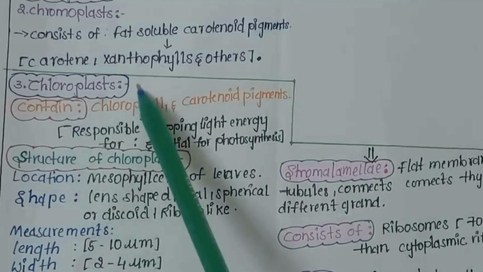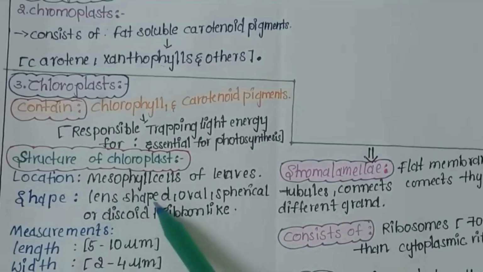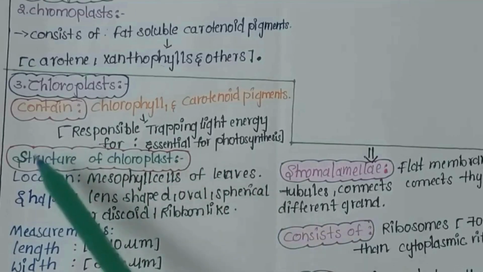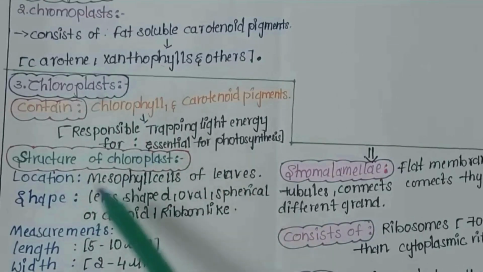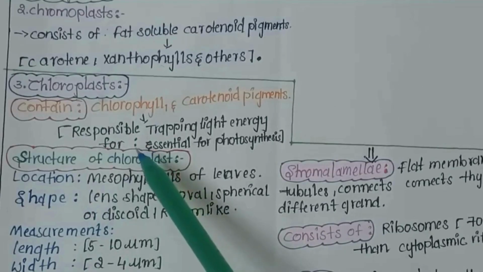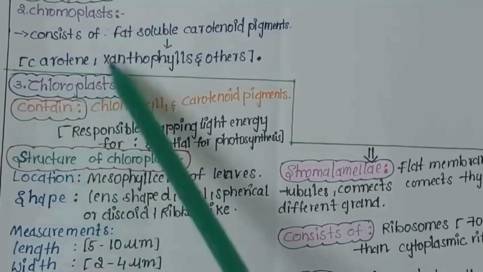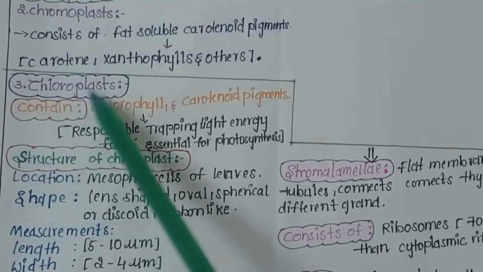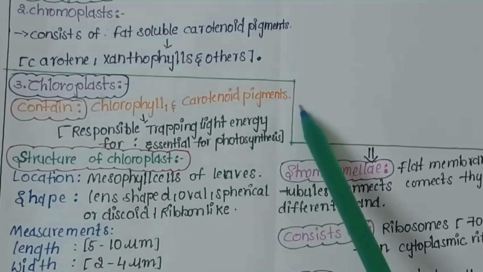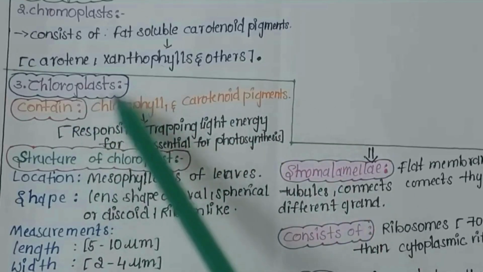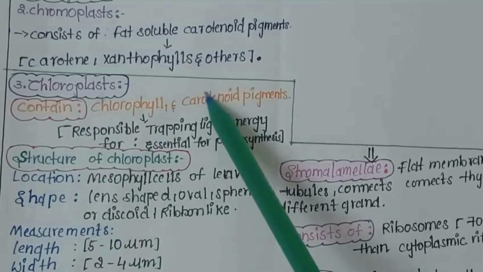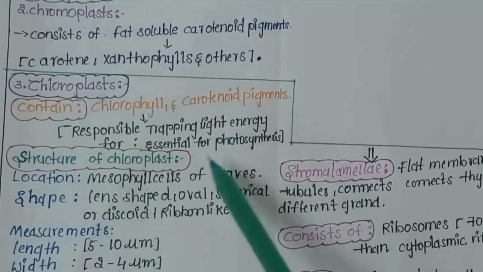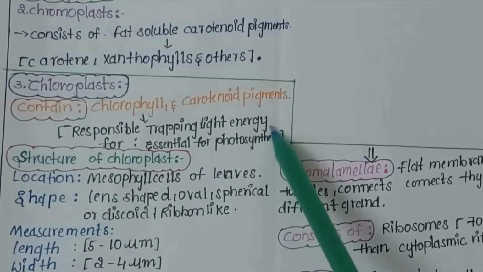Coming to the chloroplast, these are lens-shaped, oval, spherical or ribbon-like structures which are present in the mesophyll cells of the leaves. These are greenish plastids present in the green cells of the leaves. These contain chlorophyll and carotenoid pigments which are responsible for trapping light energy, essential for performing photosynthesis.